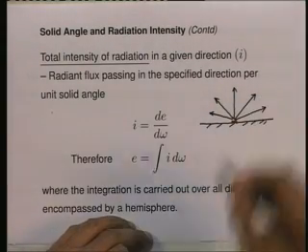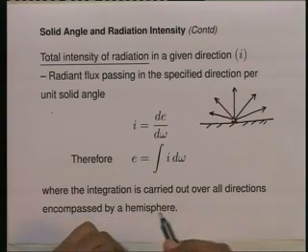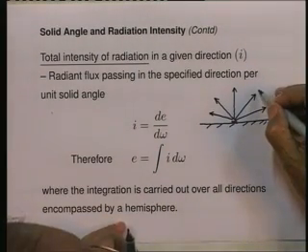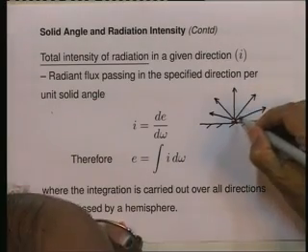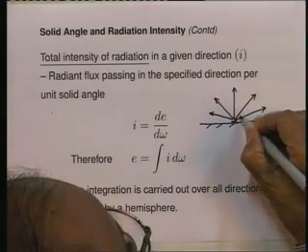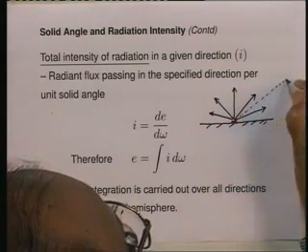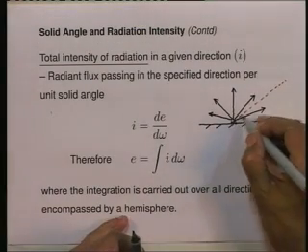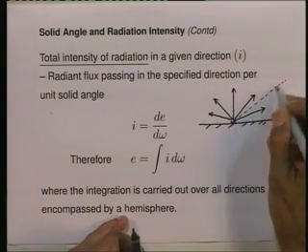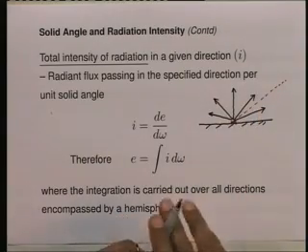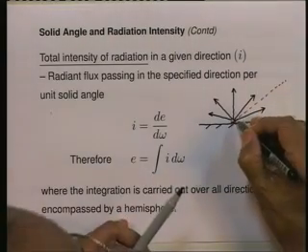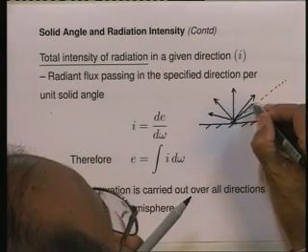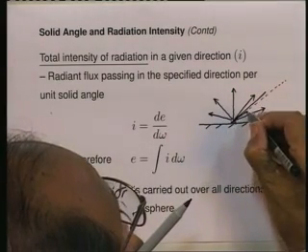I want the intensity in a particular direction. So, suppose I have some specific direction like this, which I will draw in red. I want the intensity in this direction. About this direction in which I am interested, let us draw a small elementary solid angle d omega like this.